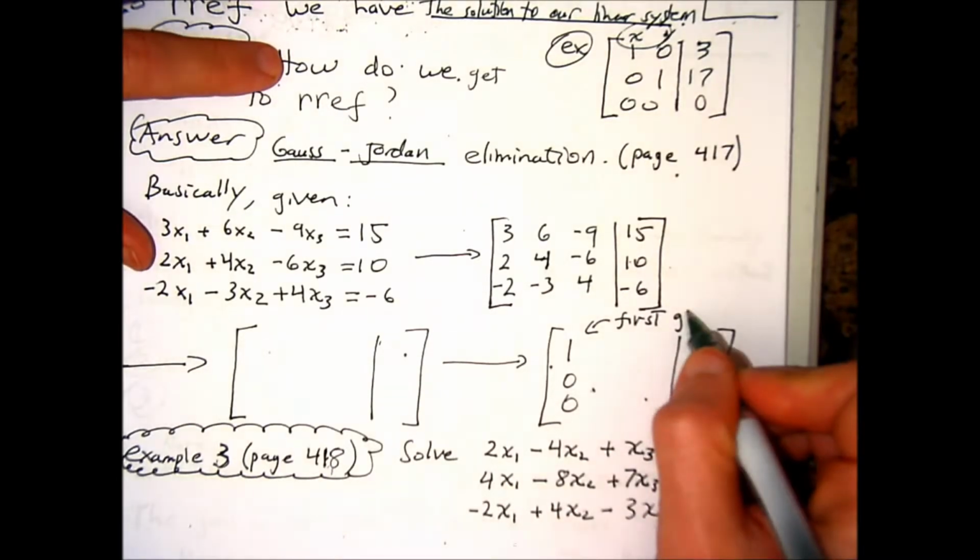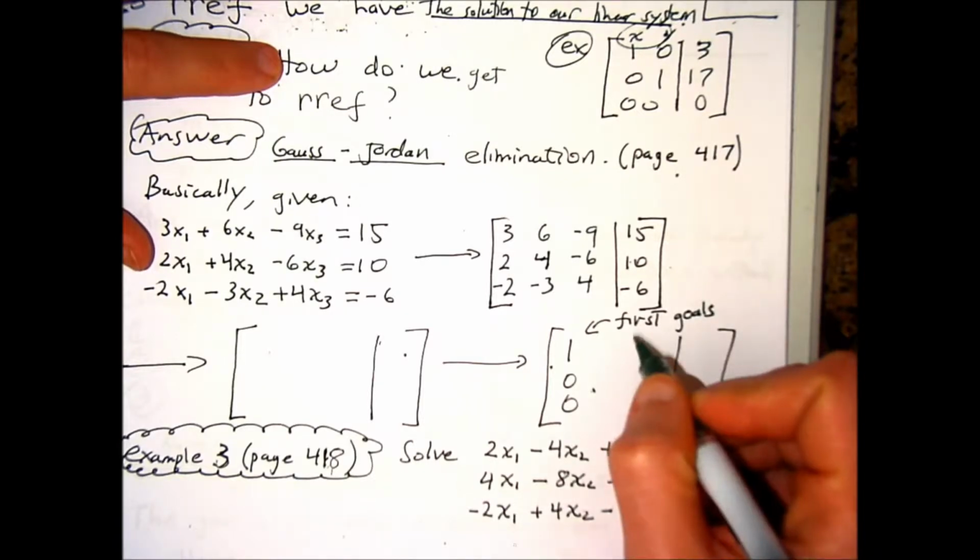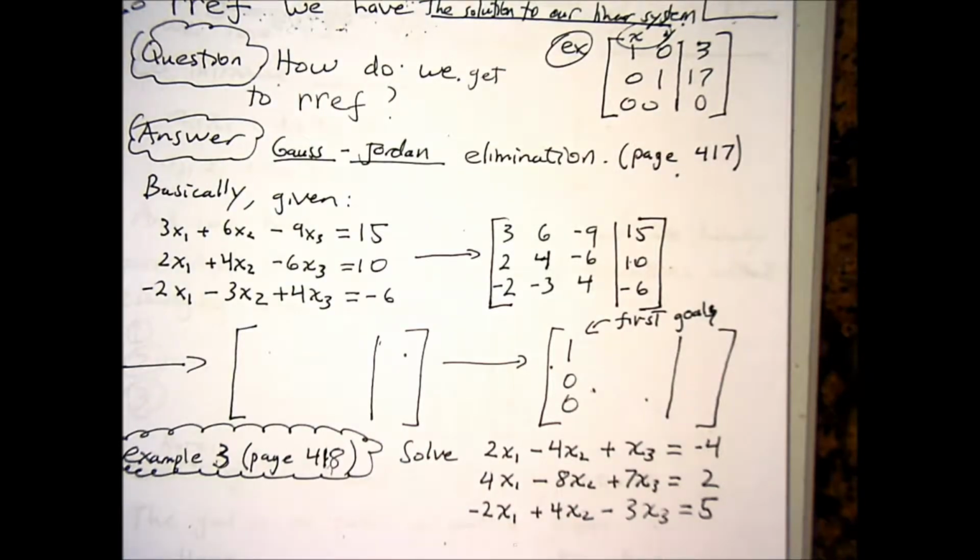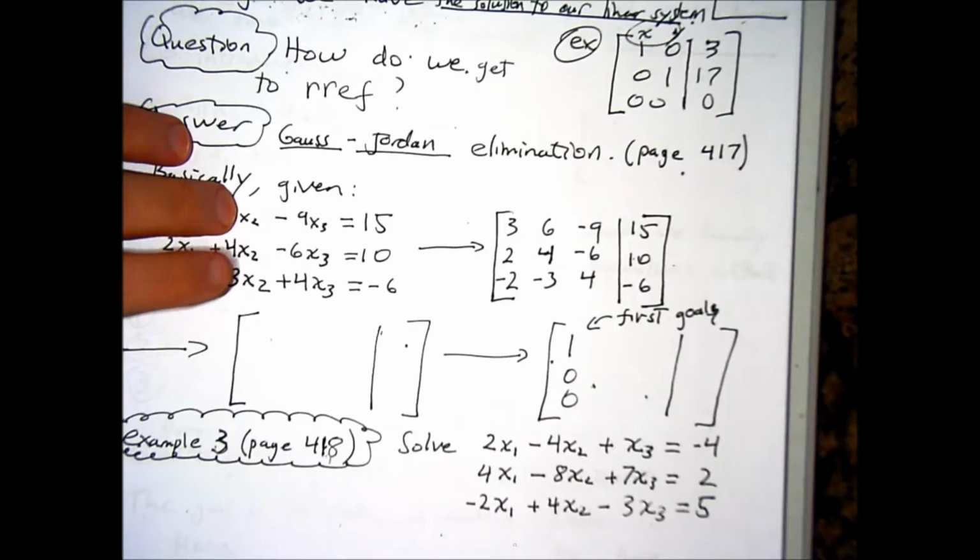We want to have these little goals. This is our first goal: to just get a 1 in the top, or get a 1 somewhere. Just give me a 1, give me a 0. Just start getting them, and you'll realize that the solution will start to come out. Because right now this just looks like a mess of numbers. It's trying to give you a set of small goals to get to, getting 1s and 0s in particular spots, and then the solution will come out. So the best way to learn it is to do it.